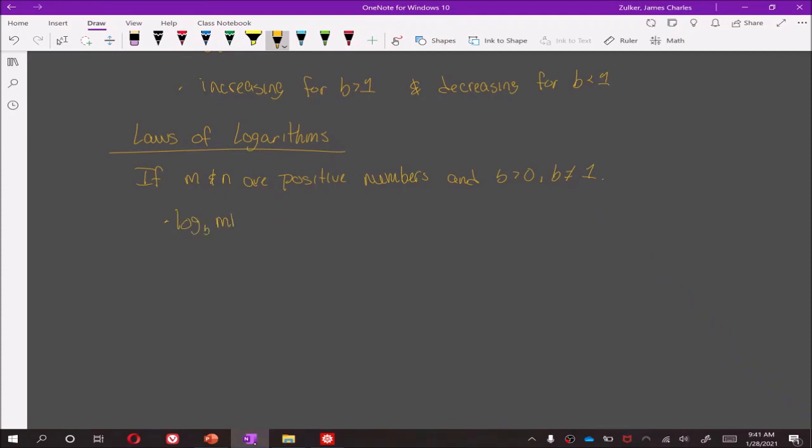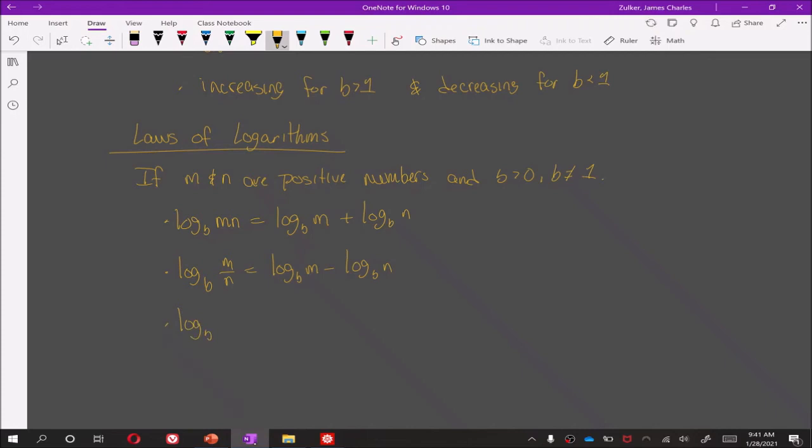Log base b of m times n is log base b of m plus log base b of n. Log base b of m over n is log base b of m minus log base b of n.